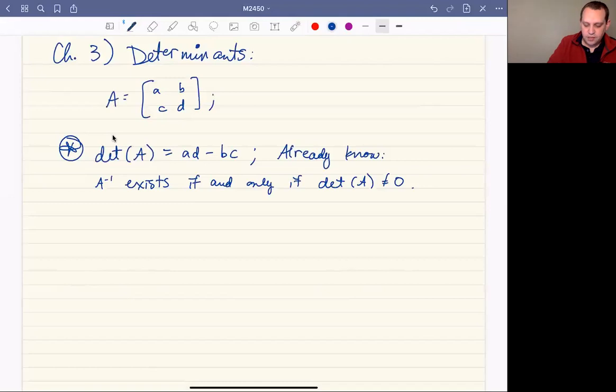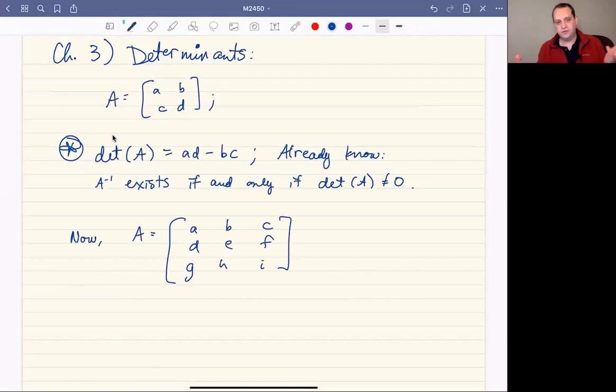So now let's consider the matrix A, which is going to be A, B, C, D, E, F, G, H, I, where those all just stand for generic real numbers. I know I'm using E and I, but they're just meant to be variables of real numbers. So that's going to be a generic 3 by 3 matrix.